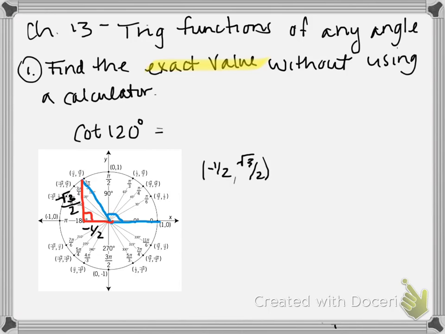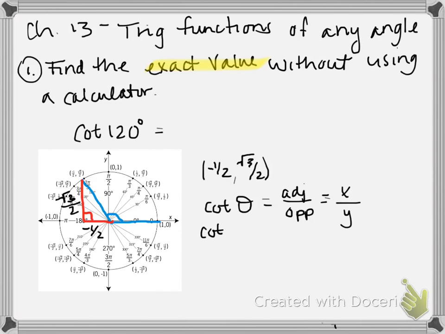And cotangent of theta is going to be adjacent over opposite, or I can also think of this as x value over y value. So I'm going to do this for cotangent of 120 degrees.